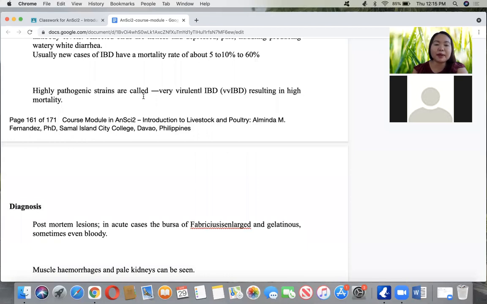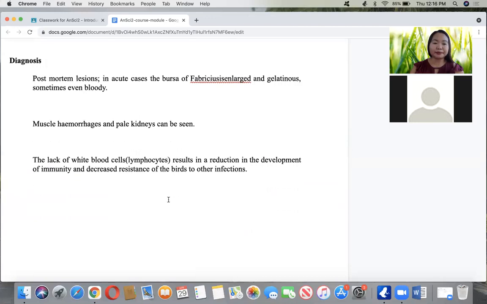And highly pathogenic strains, no? So mayroon ding ibang strains. Can be very virulent. It means very infectious siya, and resulting in high mortality.